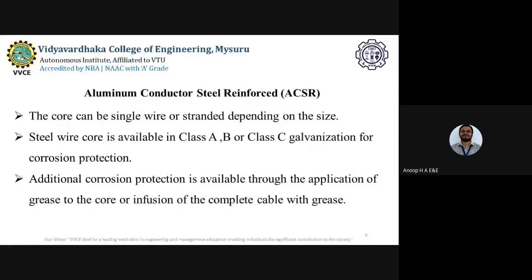Anjali? Rakshita? What do you mean by ACSR? Manoj?